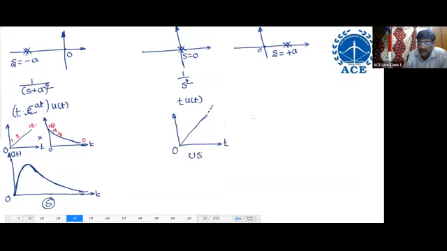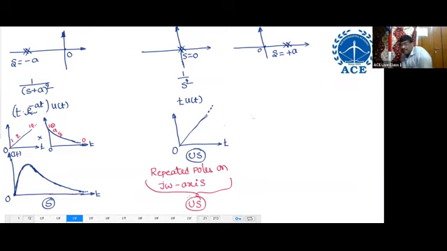That means repeated poles on the j omega axis make the system unstable. Non-repeated poles mean marginally stable.